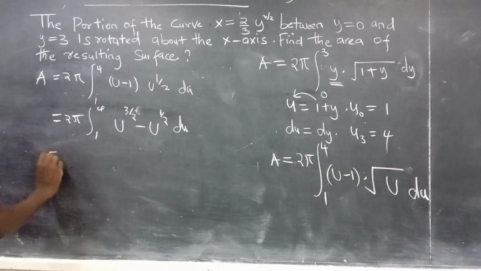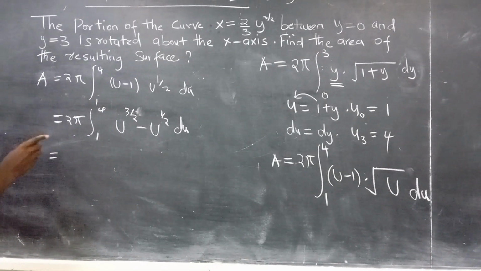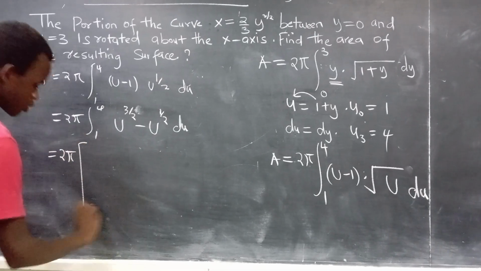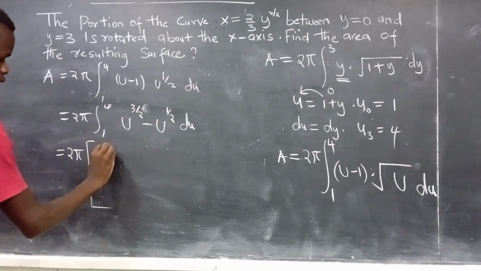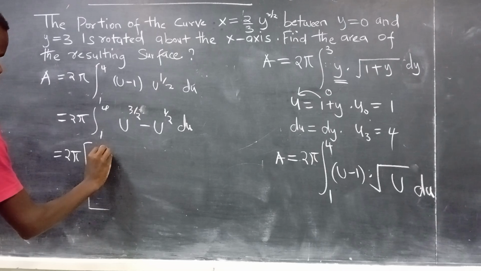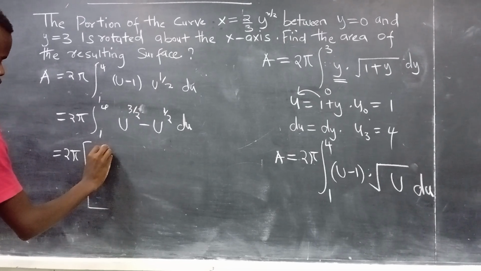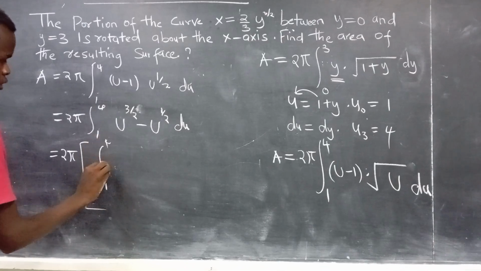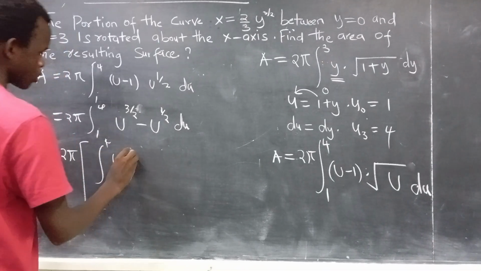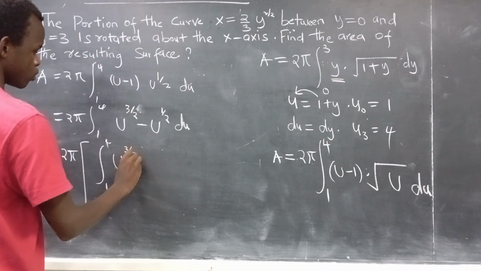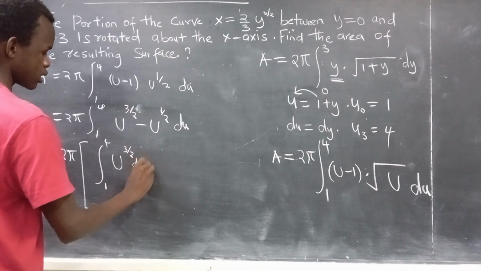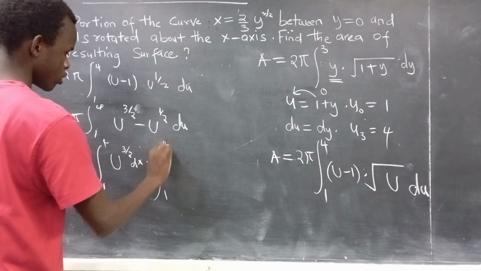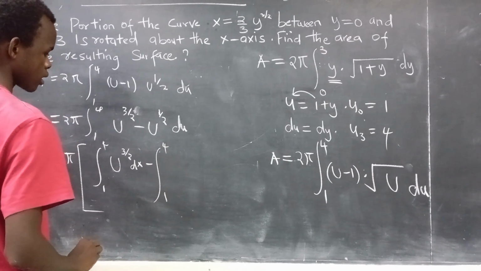We'll say 2 pi, remember, multiplies everything, so it's 2 pi times the integral from 1 to 4 of u to the 3/2 du, minus the integral from 1 again to 4.